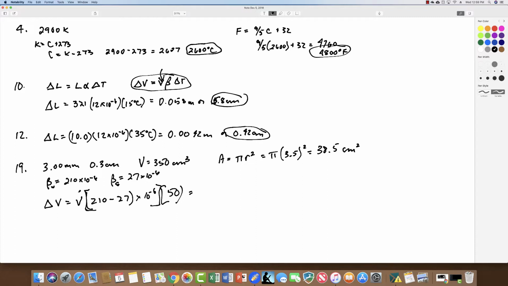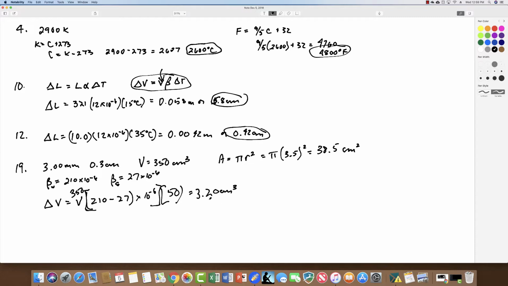And so the original volume here was 350. We put that in, and the change in volume is 3.20 cubic centimeters.